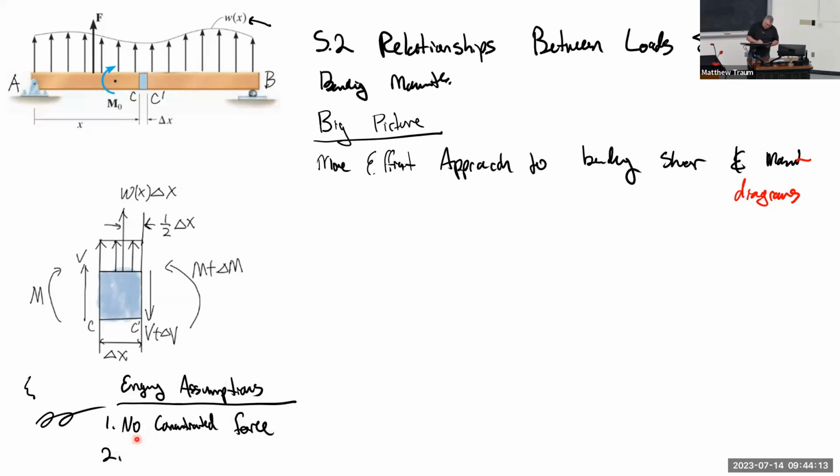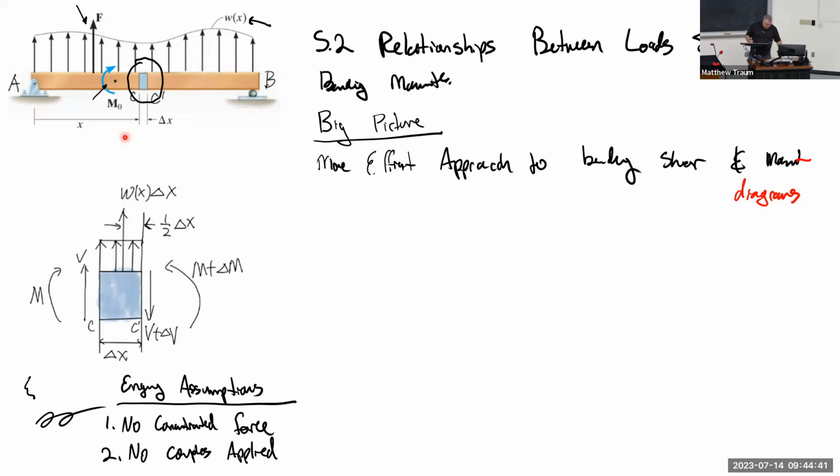And the second one is that we have no couples applied. Why those are important will become apparent in the future, but you can see here there's this force and this couple, but they are intentionally outside of where I've selected this section C prime. I'm doing that on purpose for purposes of the derivation.